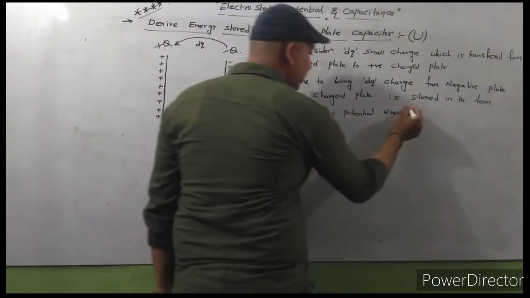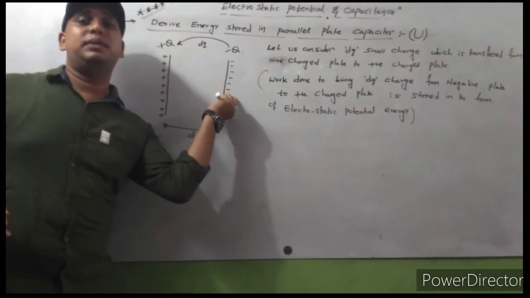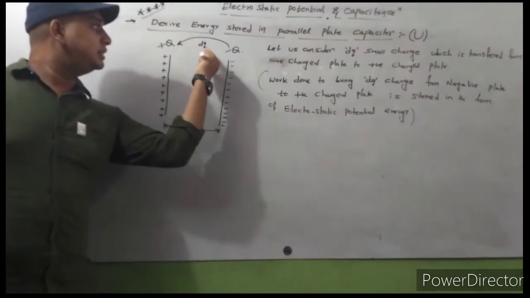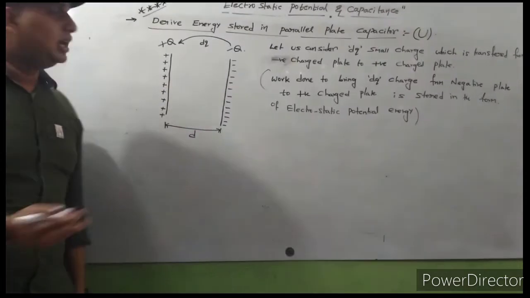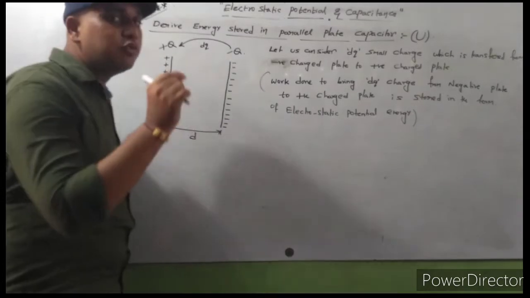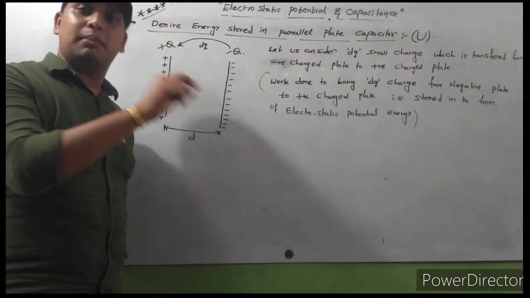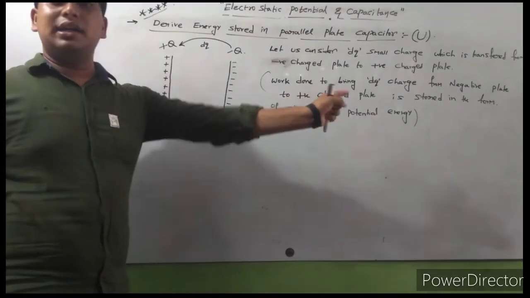This is very important. We need to bring the charge from the negatively charged plate to the positively charged plate, that is a small dq charge we consider. We transfer this charge from here to here, definitely some work should be done, and that work done is stored in the form of electrostatic potential energy.